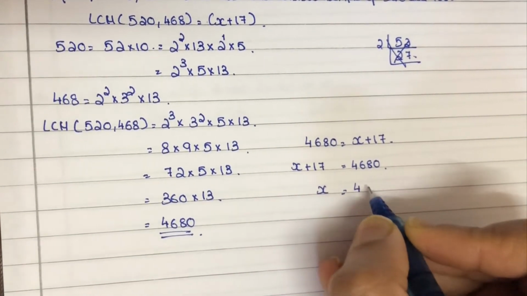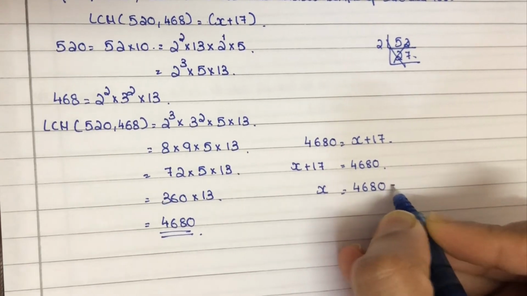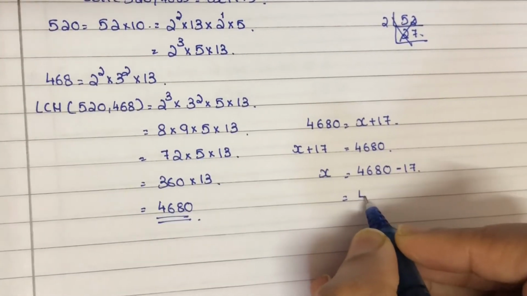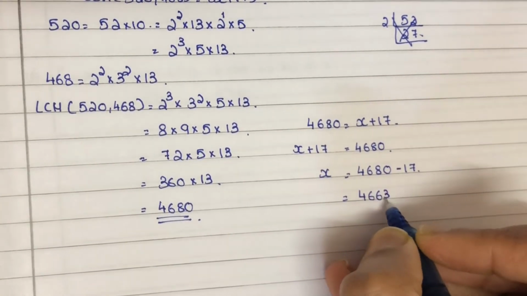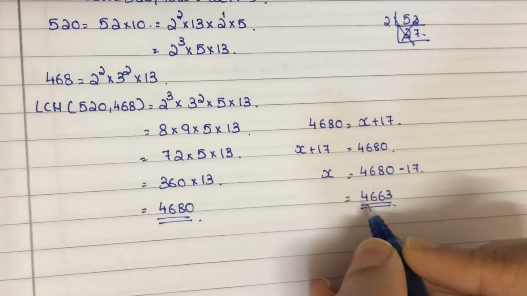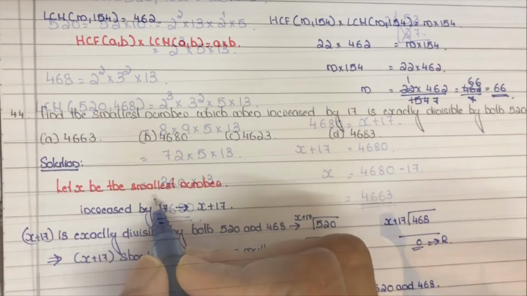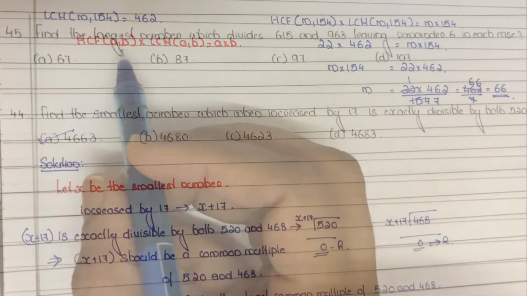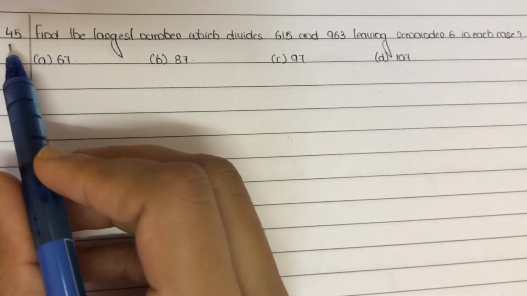So x equal to 4680 minus 17. That's equal to 4663. So value of x is 4663. So smallest number is 4663.